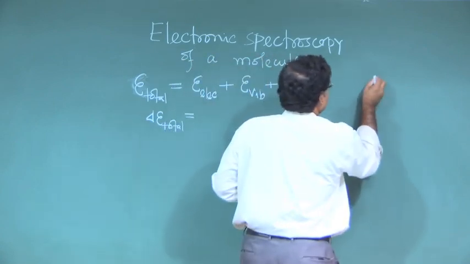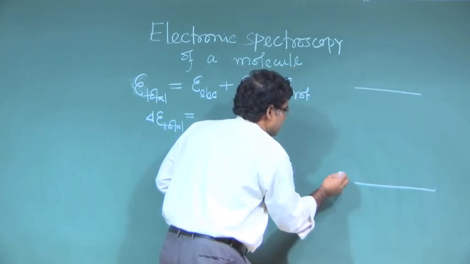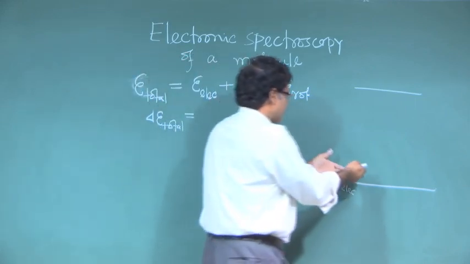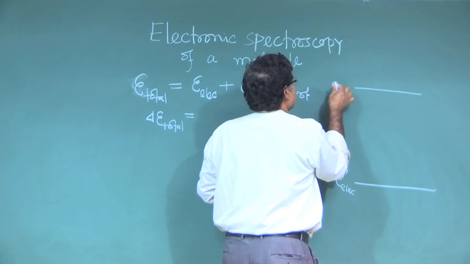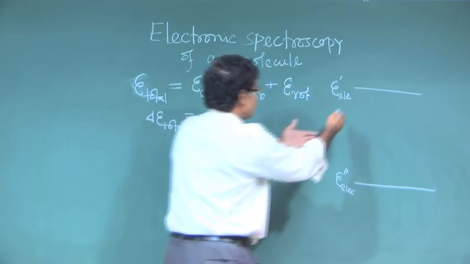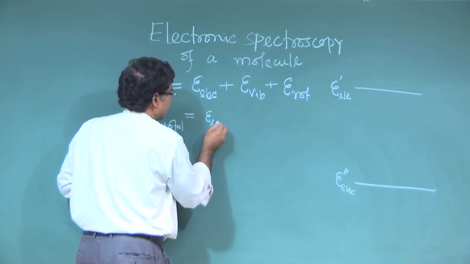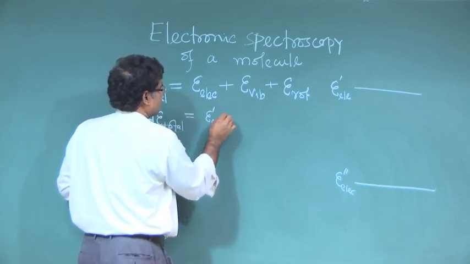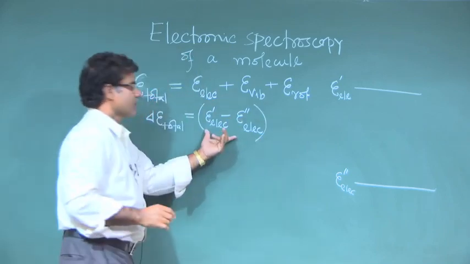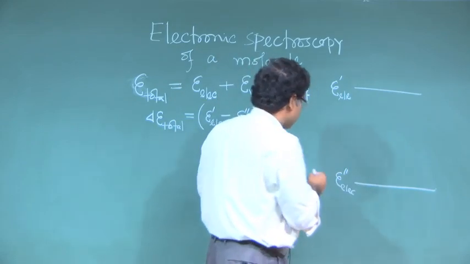If we take the molecule to be in an electronic state E double dash, and the transition is to another electronic state E dash, then their energy separation I can write as E electronic dash minus E electronic double dash.